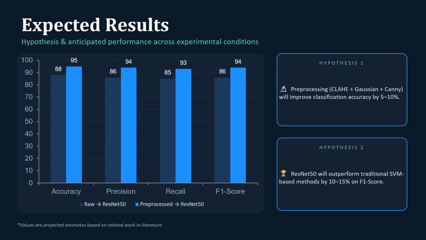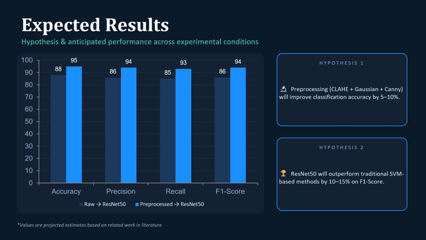Based on what we know from the related research, here's what I expect to see. When I run ResNet 50 directly on raw images, I expect the accuracy to be around 88%. But when I run it on the pre-processed images after applying CLAHE, Gaussian blur, and Canny edge detection, I expect the accuracy to jump to around 95%. The same improvement should be seen in accuracy, precision, recall, and F1 score as well.